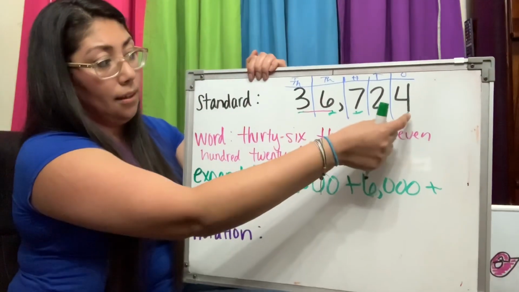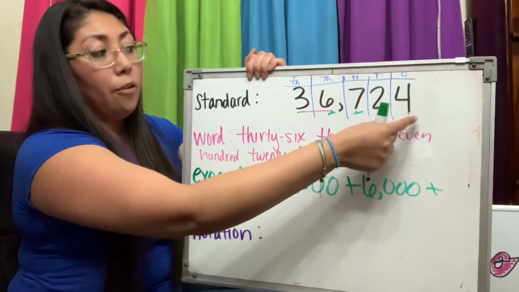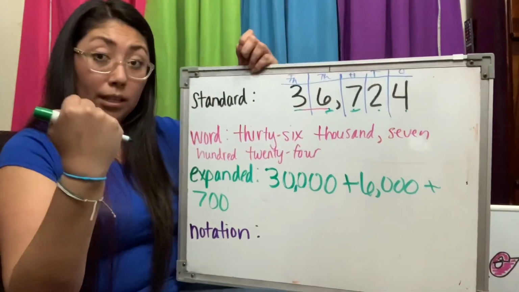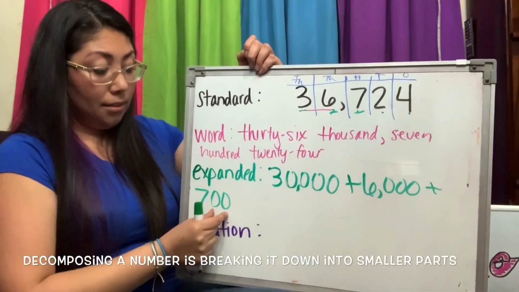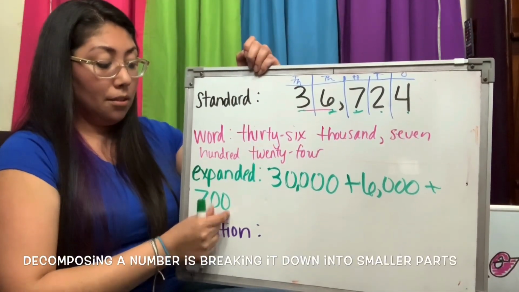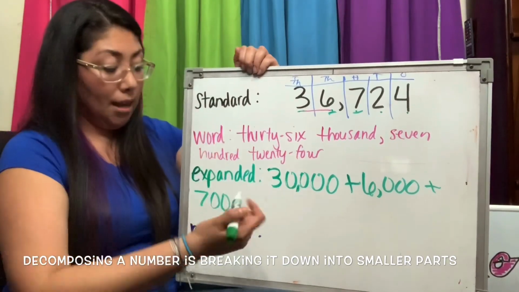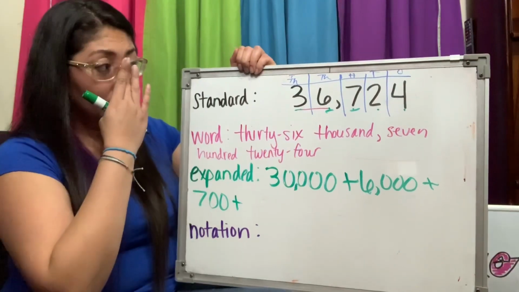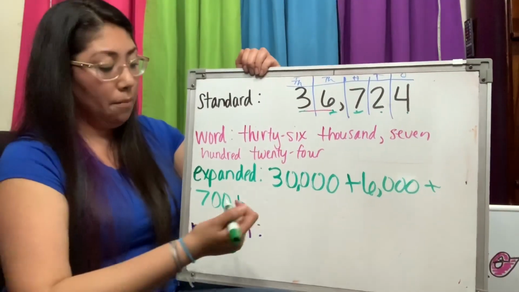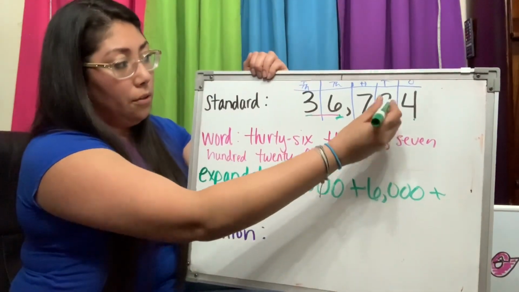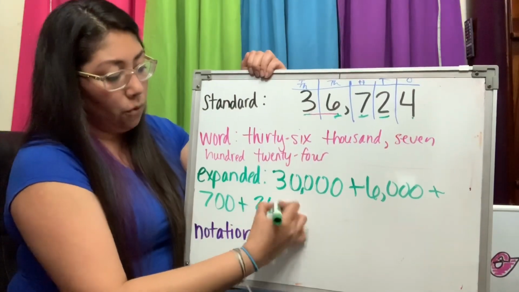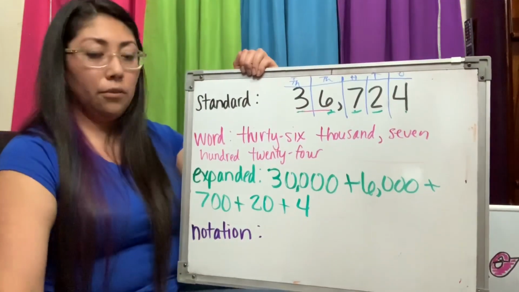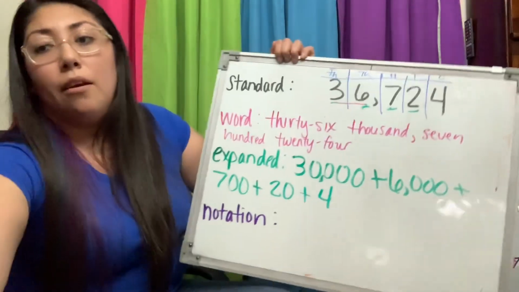And notice that the places behind the digit that you are decomposing, breaking apart, it's the same amount of zeros, so it matches exactly. That's why I showed you the little zero trick, just to check if you're doing it properly. Then we have our 2 in the tens, which has a value of 20, and 4 in the ones, which is just a value of 4. So there's your expanded form.